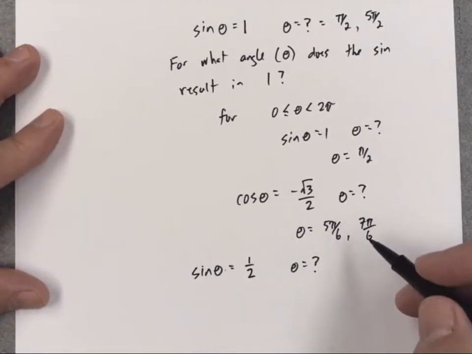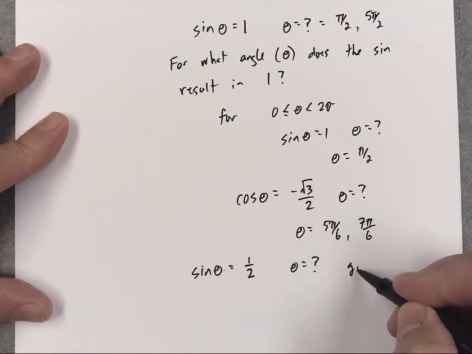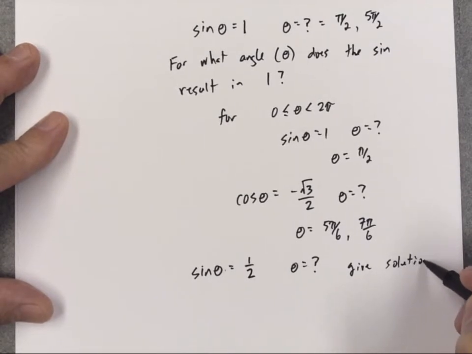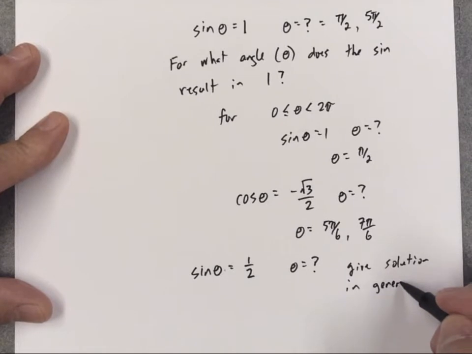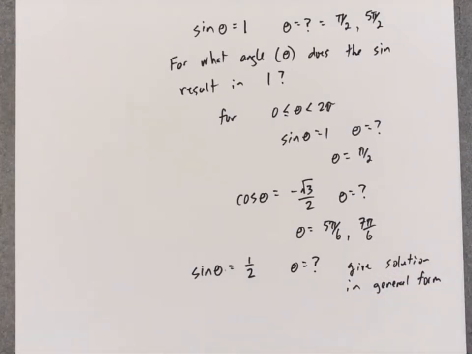As a matter of fact, sometimes the wording I use, I would say give the solution in general form. In other words, somehow I want to write my solution so that all the possible angles are represented.